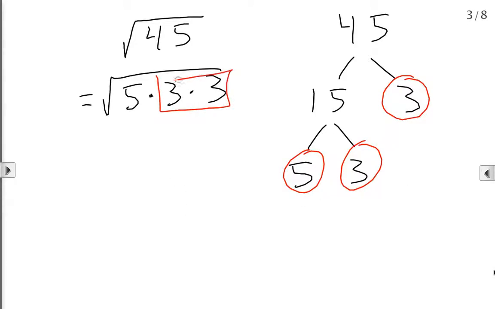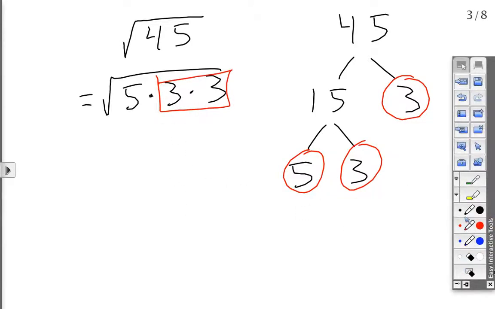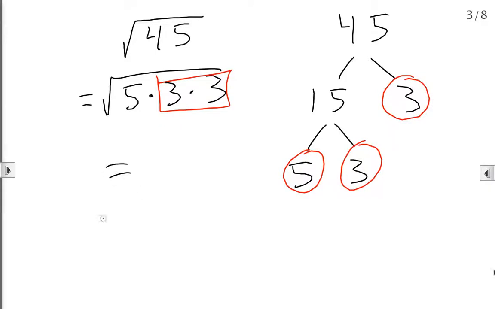We got a pair of 3's. So now that we've identified that, that 5 stays in the root. And then for these 3's, we get rid of 1 and we bring 1 out. So 3 square root of 5 is all we have to do.